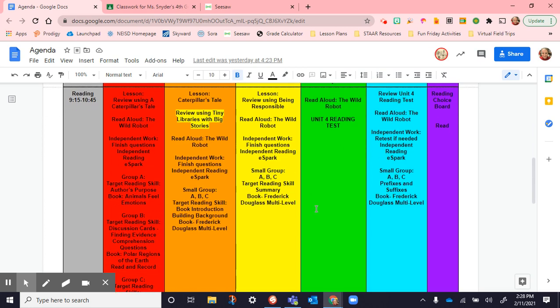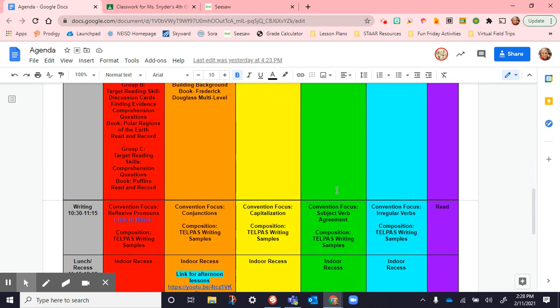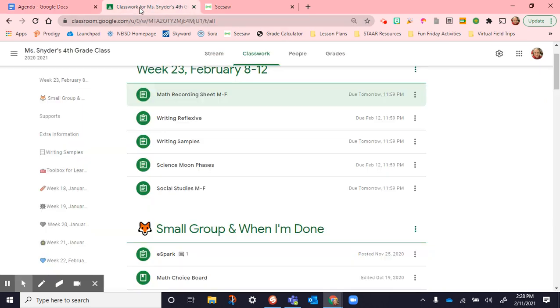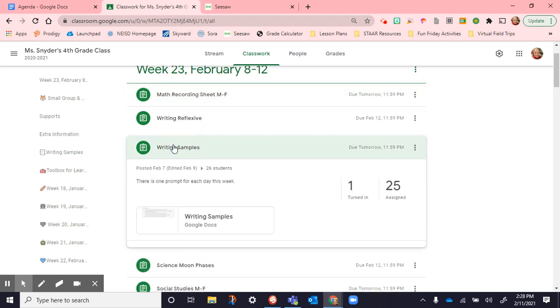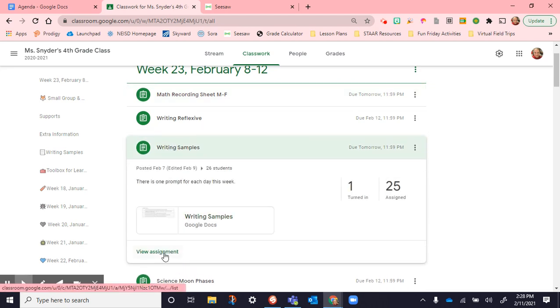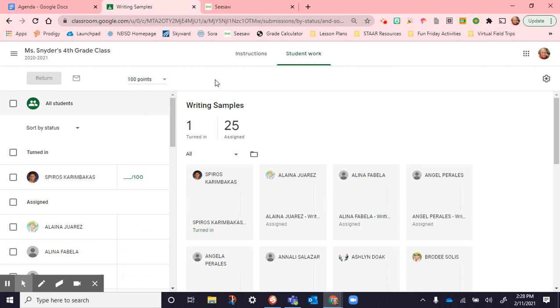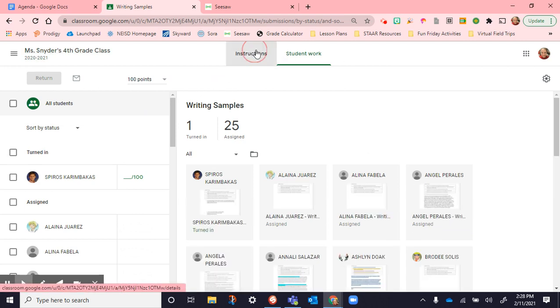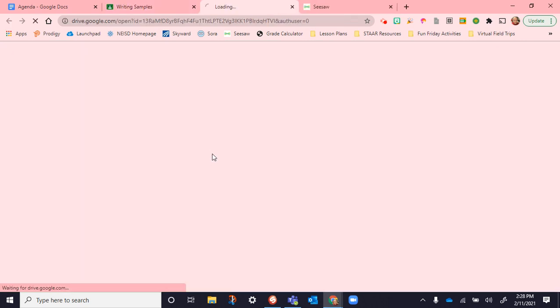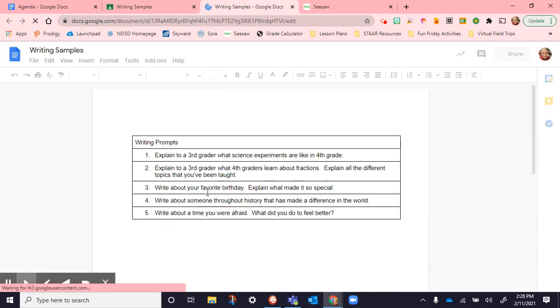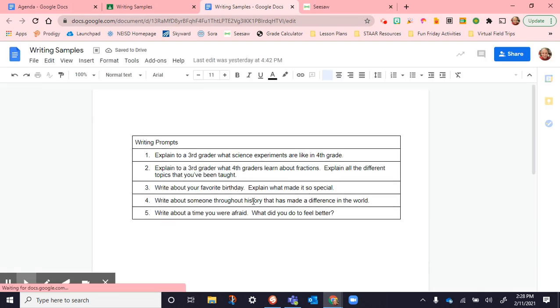Then for writing, our tests ran into writing, so we got a little behind just because the test took us a while. In writing today, you're writing about someone throughout history that has made a difference in the world. So try to pick someone that you haven't already written about, and this needs to come from your brain.